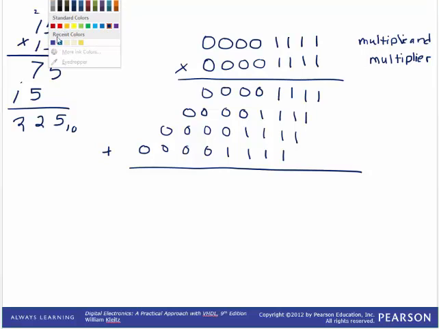So I'm going to change colors a little bit so it highlights better. So first column, keeping in mind the columns of information, the first column I add up: 1 plus a bunch of zeros is a 1. No problem. Second column, 1 plus 1 is 2, which is 1, 0.